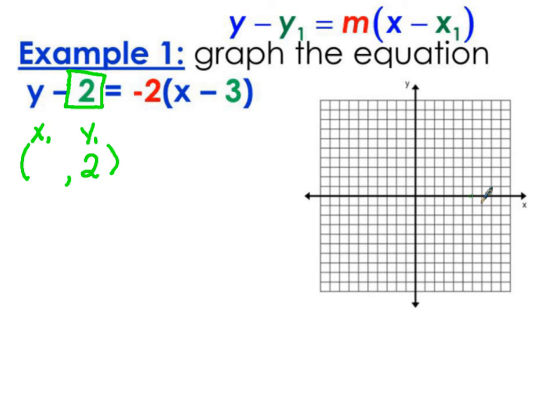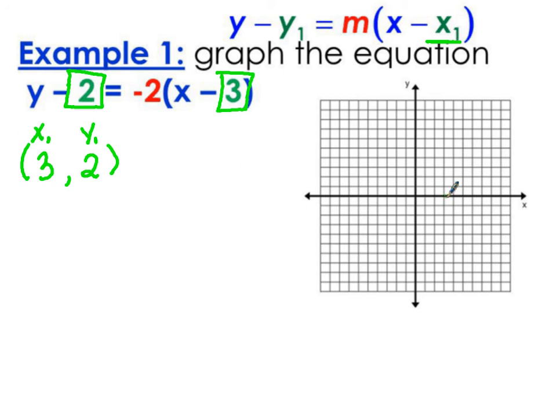My y value is positive 2. My x value. Notice that right here in this formula, right behind the minus sign is my x value. So it's technically the opposite. Notice that it was minus 3, it should be positive 3 when I bring it in here. So this is going to be my first point, my beginning point, the first point that I plot. So I'm going to start at the point 3, 2.